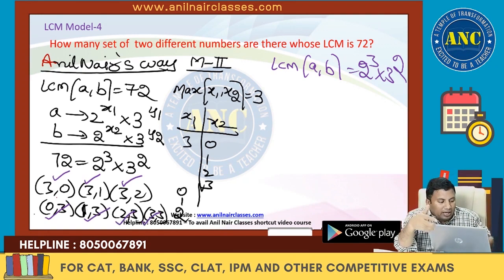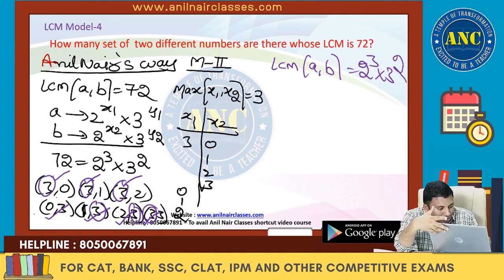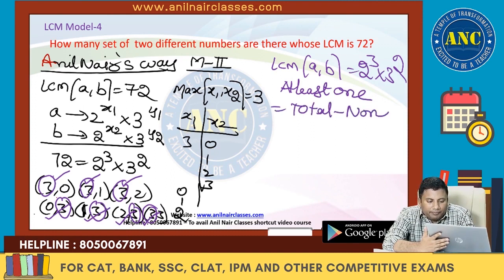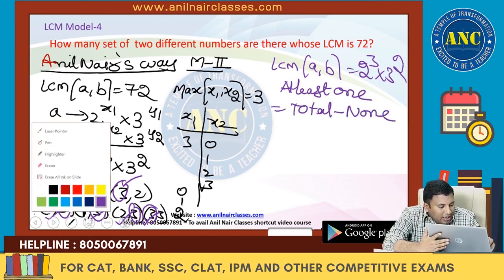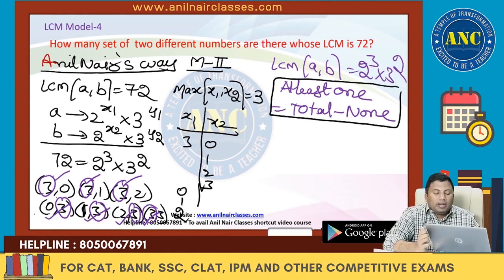Every ordered pair has got at least one 3. Now I am using: at least 1 is nothing but total minus none. What is this? I will explain. Till I make it clear, please just listen to me. At least 1 is total minus none. What is this total minus none?